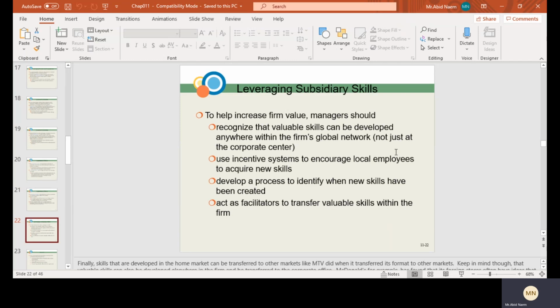Develop a process to identify when new skills have been created, or act as facilitators to transfer valuable skills within the firm. So you have to ensure that there is an incentive system which should encourage your workforce across the globe to learn new skills, techniques and processes which can translate into competitive advantage for your firm.